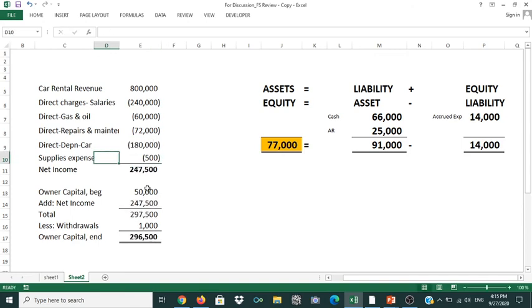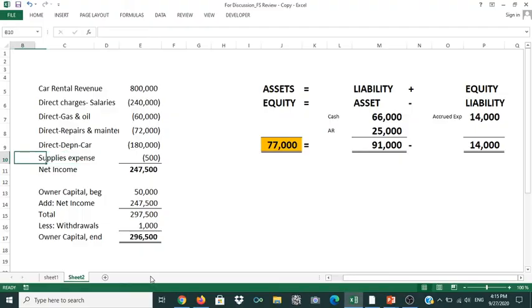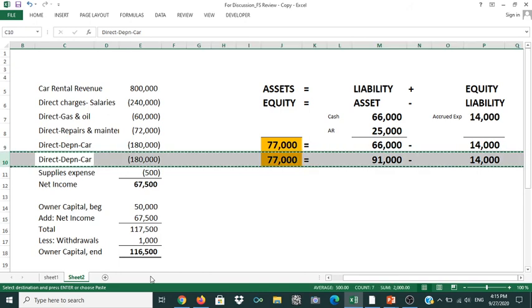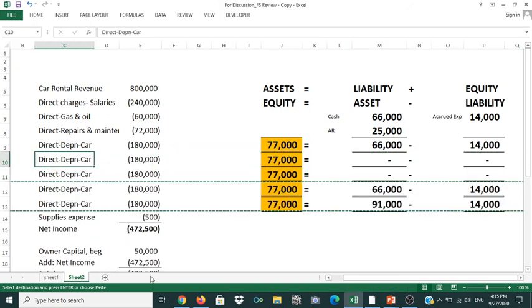Okay. Next, we have another set of expenses. Ito yung mga OPEX kung tawagin: tax, advertising, insurance, utilities, then depreciation ng furniture. Sulat lang natin. Okay, pinakopya ko lang.